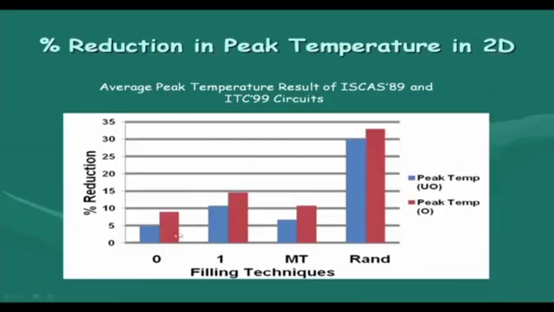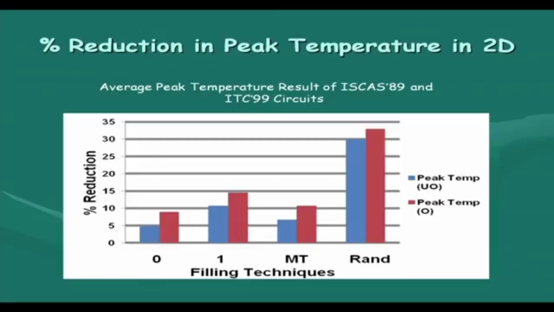Temperature reduction results: you see that though we have not directly tried to minimize the temperature, our power minimization was much more focused. Power minimization was focused for a particular block and its neighboring block, and that results in a good amount of temperature reduction.